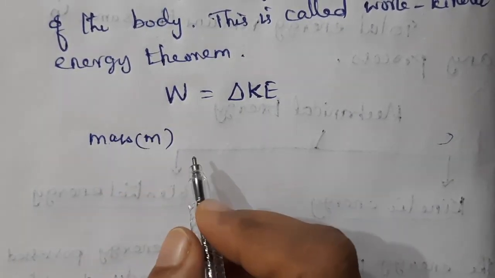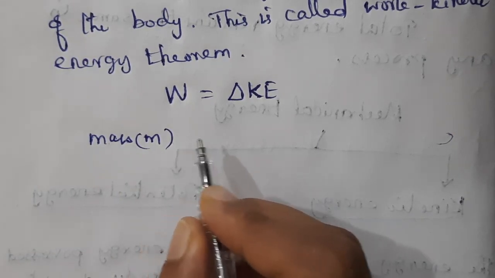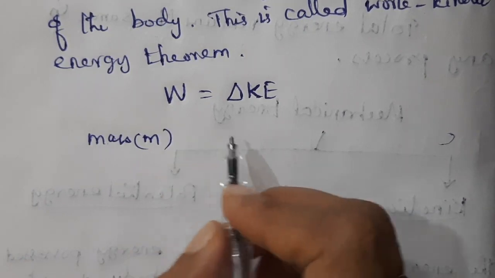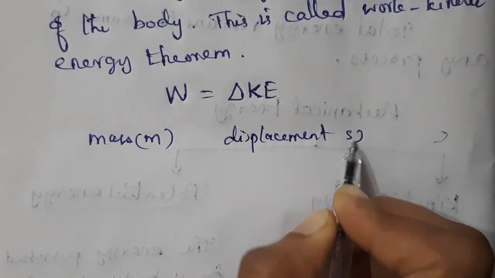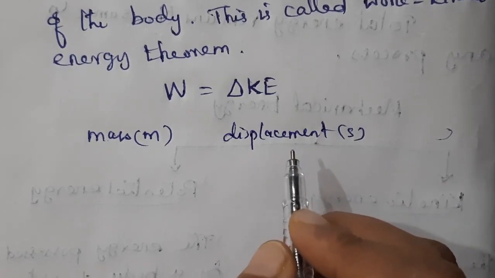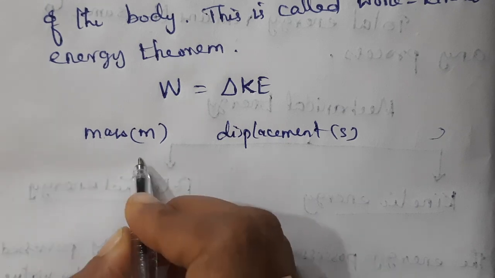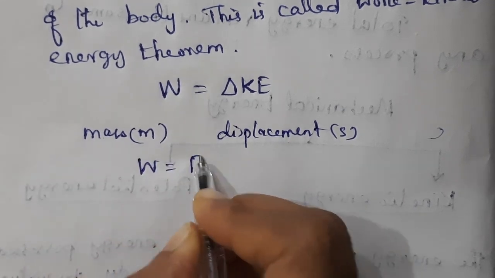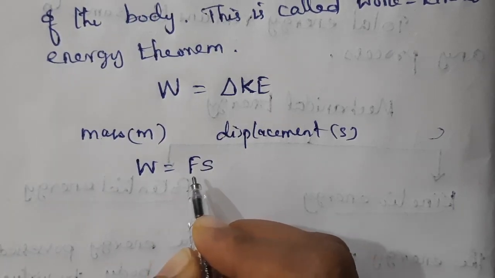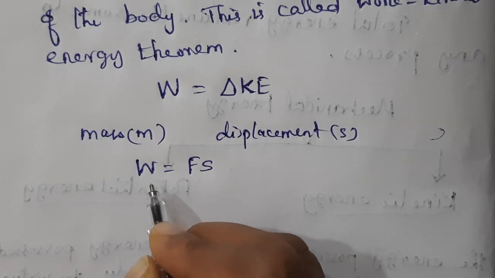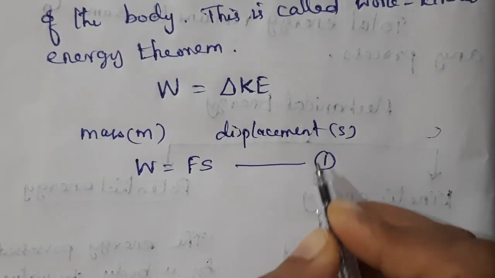Now a force is applied on this body which moves the body through a displacement S. What is the work done by this constant force? W is equal to force into displacement, so W is equal to F into S. Consider this as equation 1.